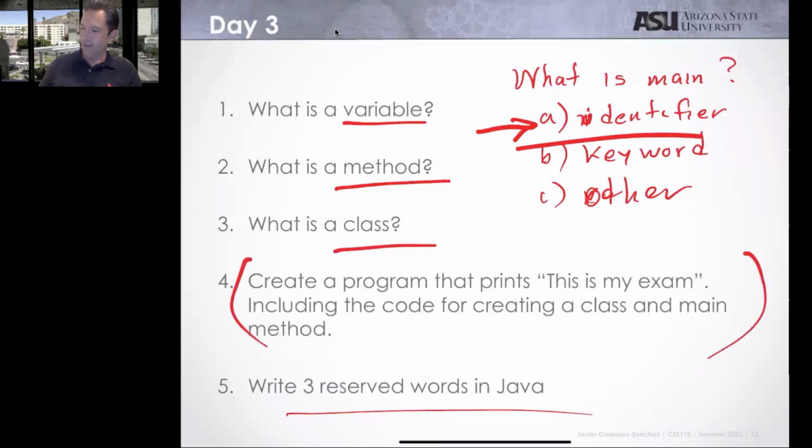So this is for you to practice. Something that you're going to do during the exam is to write a program. So I need you to memorize, because you're not going to be using your compiler, code to write a full program. I need you to memorize public, class, the name of the class, open and closing curly bracket, public, static, void, main, parentheses, string, bracket, some name, open and closing curly bracket, and inside your program.